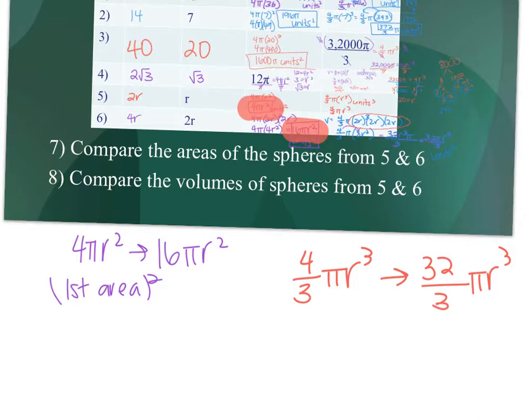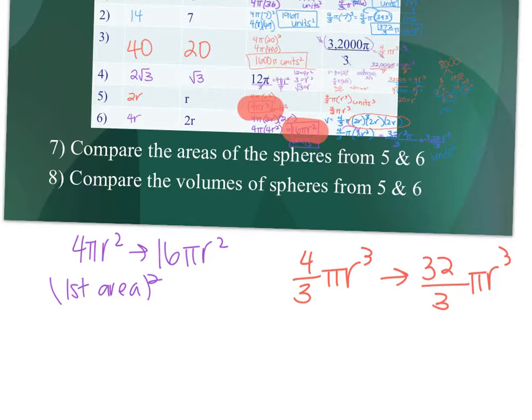So now if I'm comparing 4/3 pi r cubed to 32 pi r cubed over 3, what happened from my first volume to my second volume? How do I get from 4 to 32? Multiply by 8, or I took that area and I multiplied it by 16, which is the square of 4. Does that make sense? So I'll leave this similar solid.